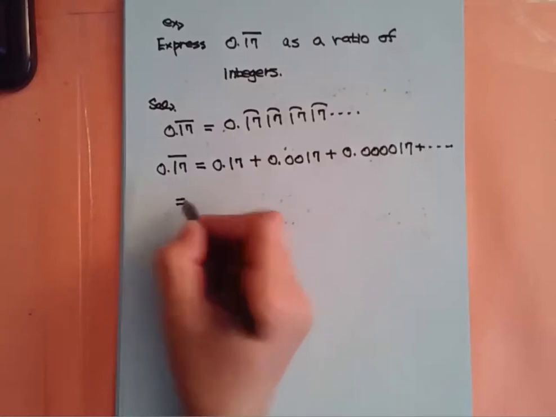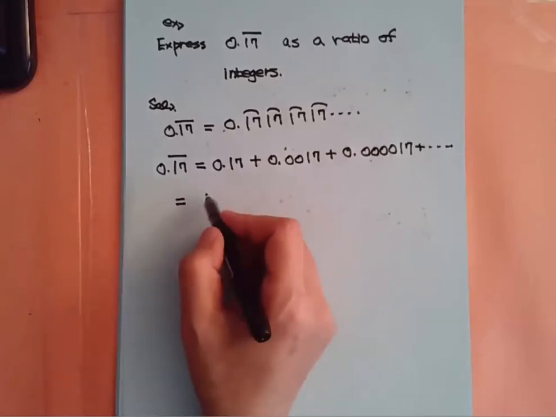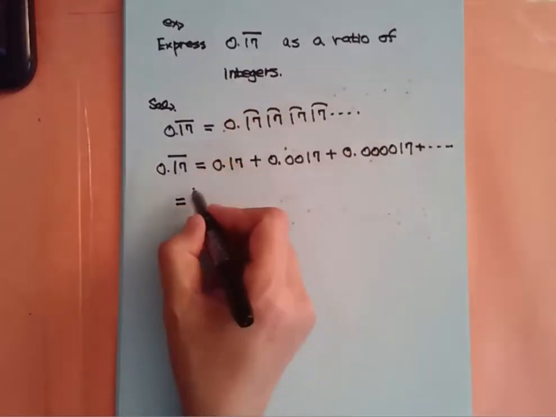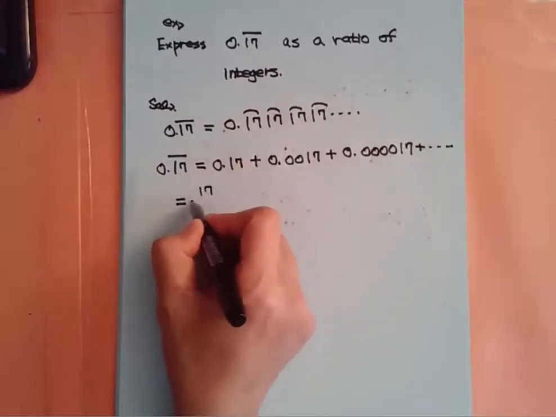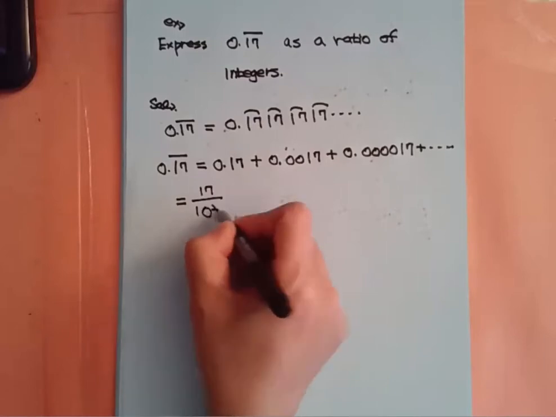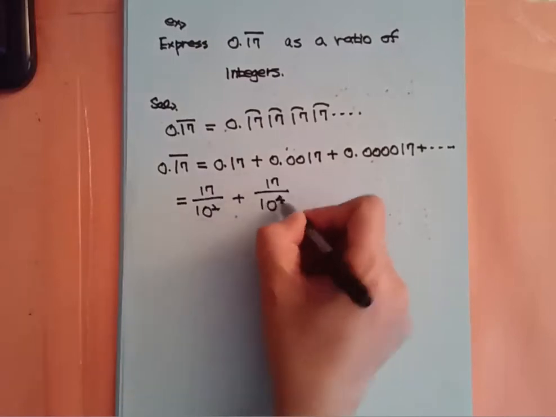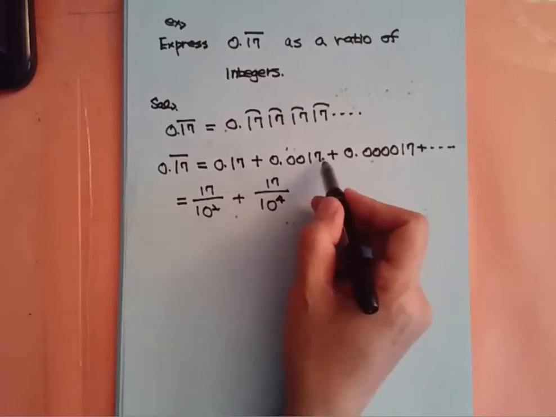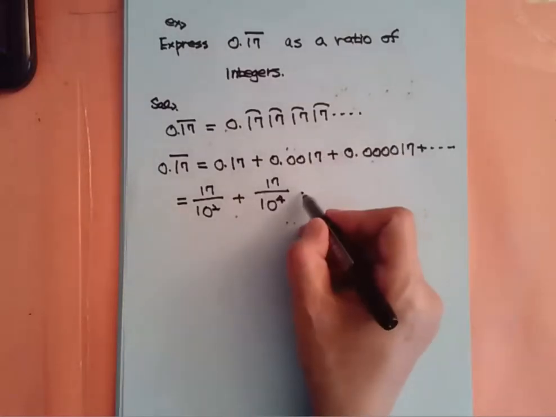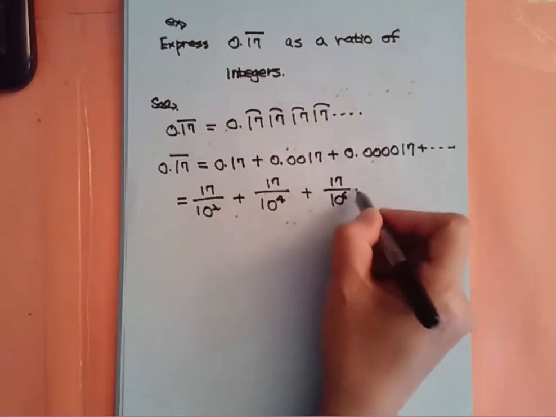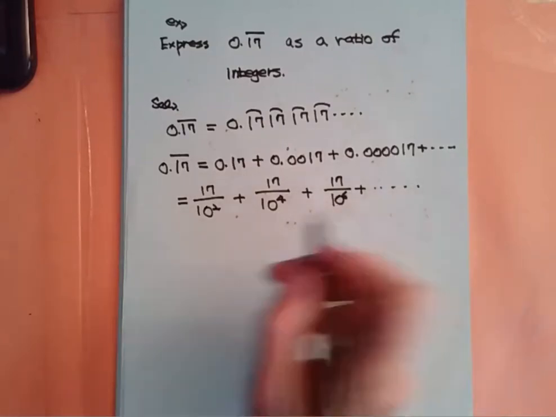So we can rewrite that as fractions. The first one is 17 over 10 squared. The next one is 17 over 10 to the fourth power, because 1, 2, 3, 4, and then 10 to the sixth power. So 17 over 10 to the sixth power plus, and so on.